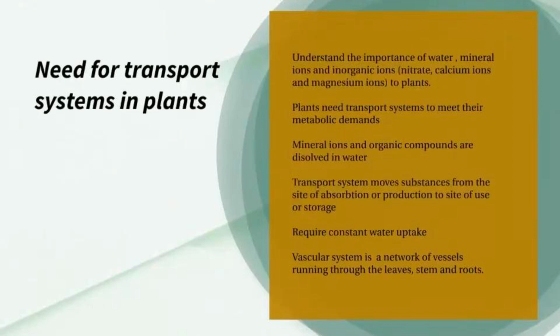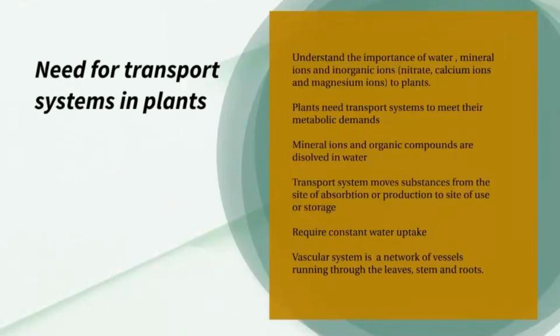Plants need transport systems to meet their metabolic demands, just like humans or any other animals. The way that all these ions and other compounds enter the plant is that they are dissolved in water. The transport systems within the plant move these substances from the site of absorption or production to sites where they need to be used or where they can be stored.